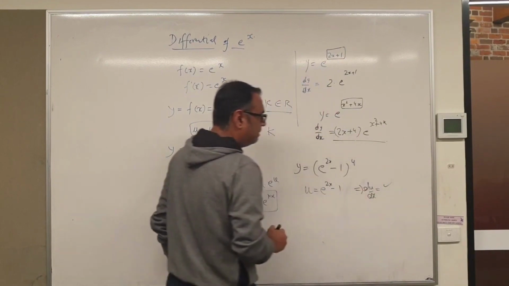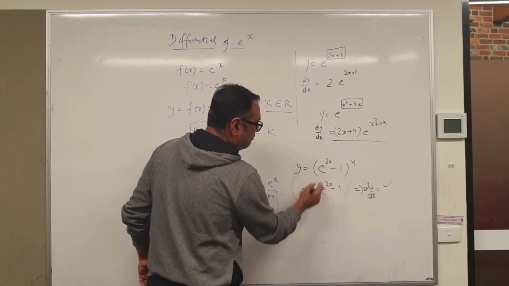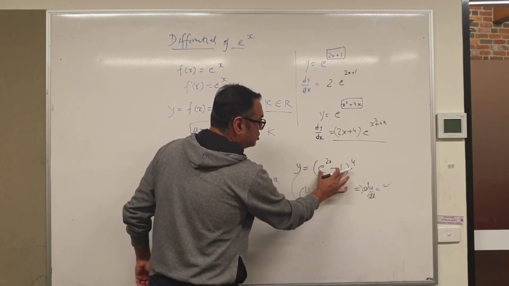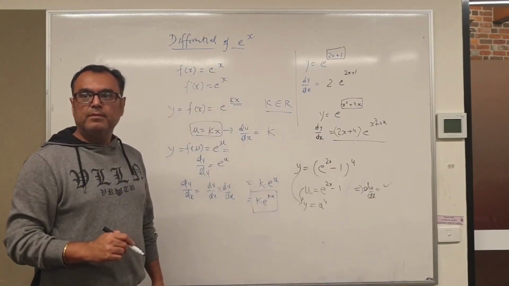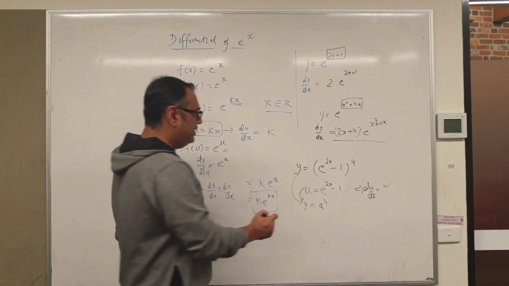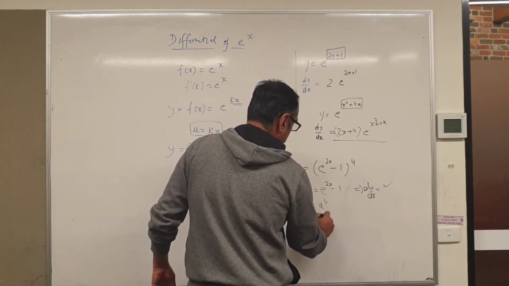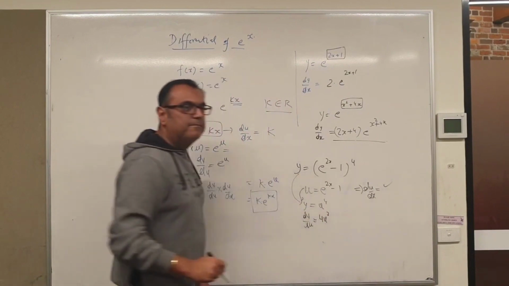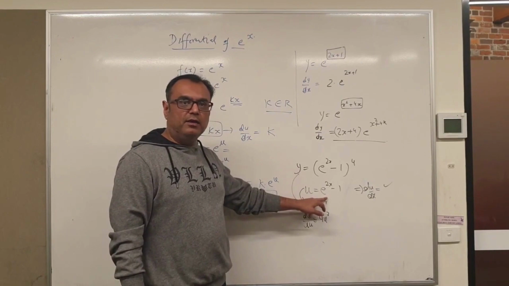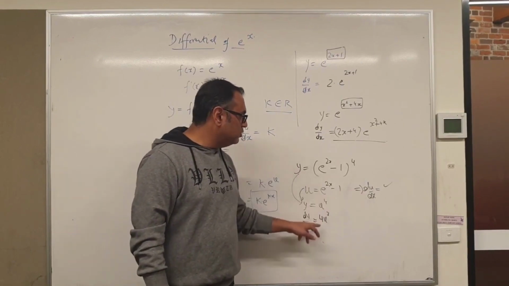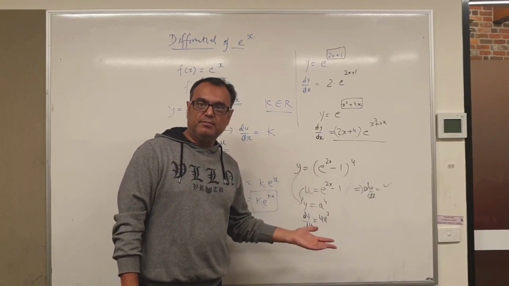The substitution gives me y equals u raised to the power 4, and now I can easily find dy by du, which is 4u cubed. Then you multiply the two differentials and sub u back, and you get the answer.